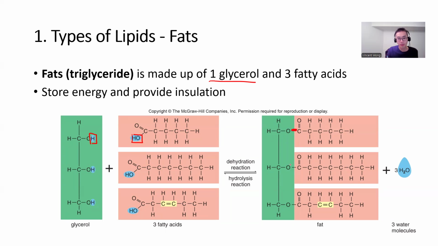So there is a bond, there's a bond, there's a bond, because there are 3 fatty acids that need to attach onto the glycerol. For every fat molecule that you build, you will release 3 water molecules.